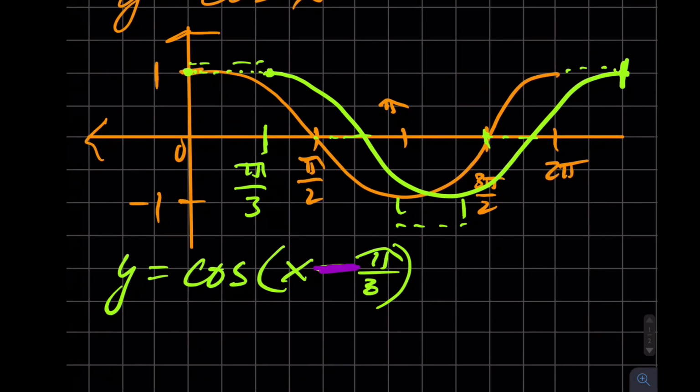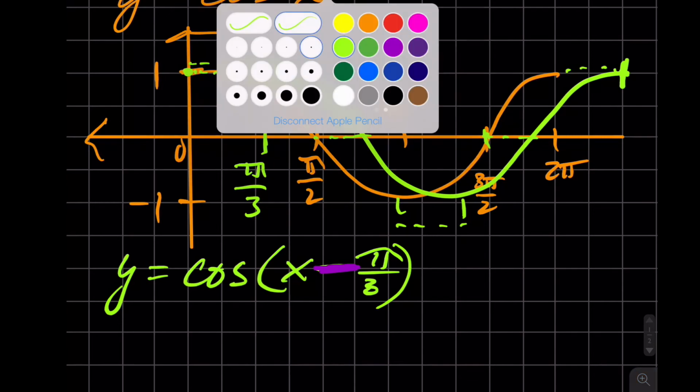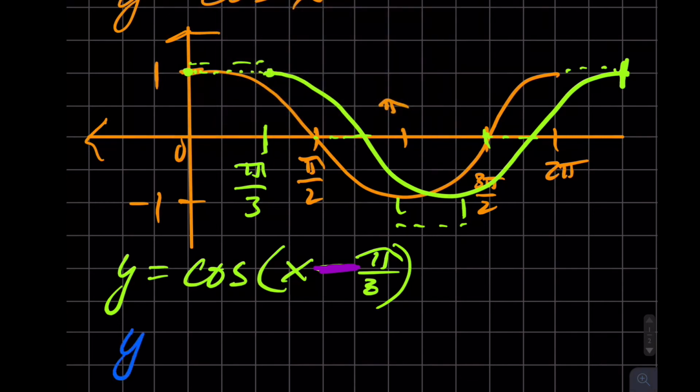If I draw a third function in here, again we'll change the color to, I don't know, blue. y equals cosine of x minus negative pi.